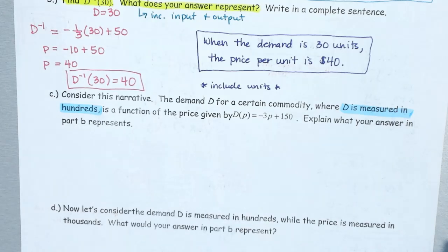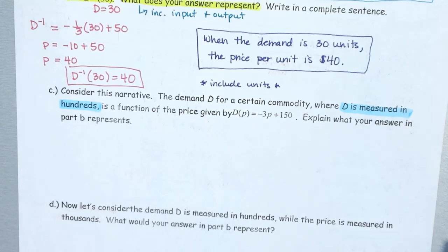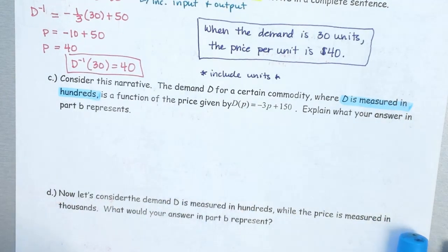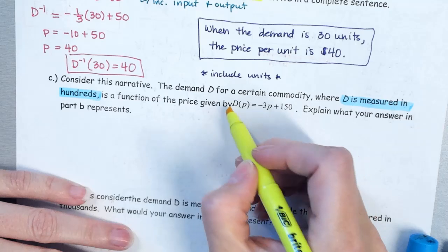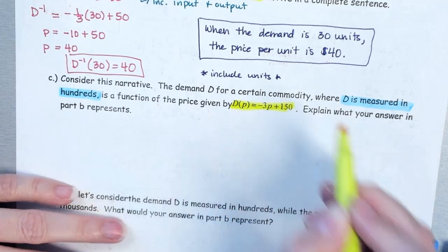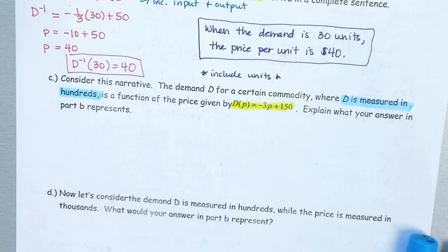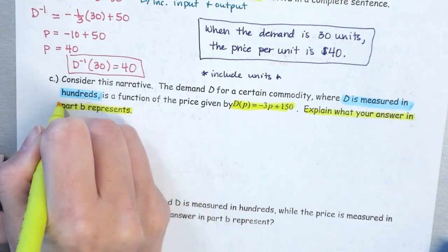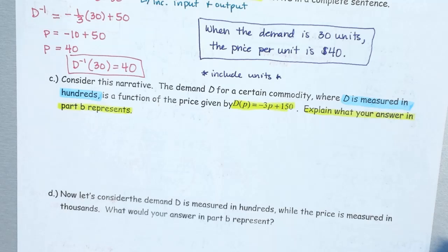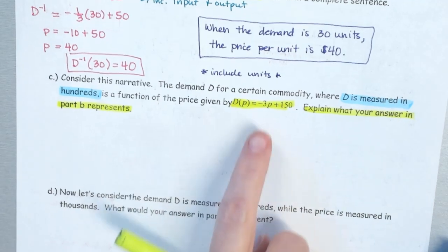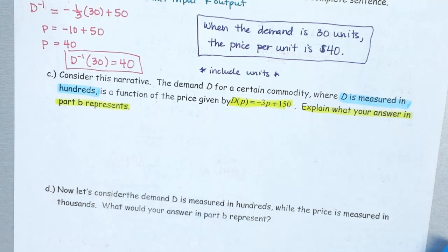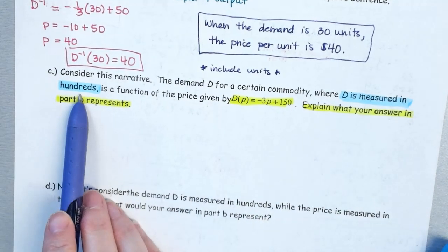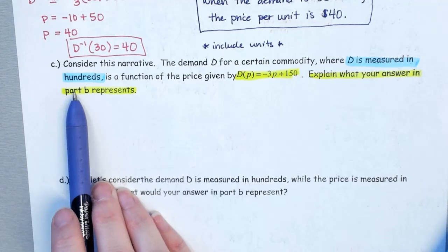Okay, that is a function of the price given by, and it's the same equation that we did before. Okay, so it's the same thing we had. We are just going to explain what your answer in part B represents. Okay, so for this situation, you have the same exact values. It's just when you have something that's measured in hundreds, sometimes we forget how to convert that.